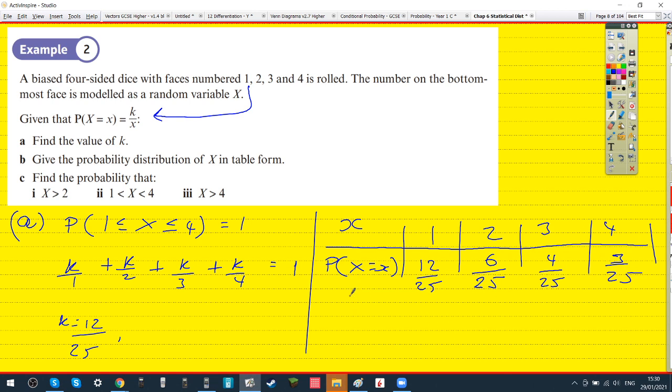And then C, probability X is greater than 2. You can use a table.